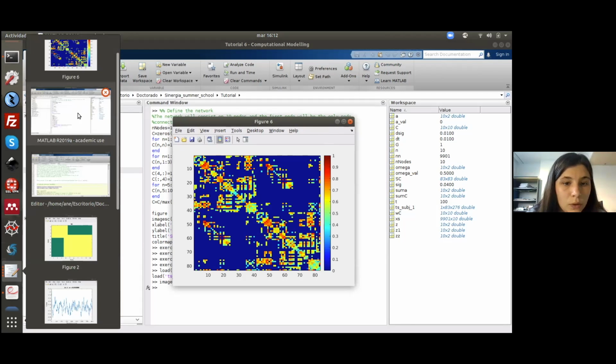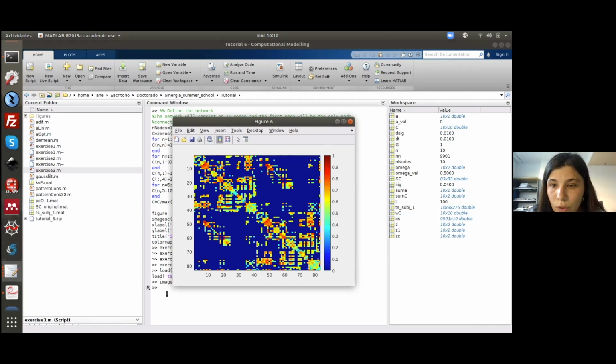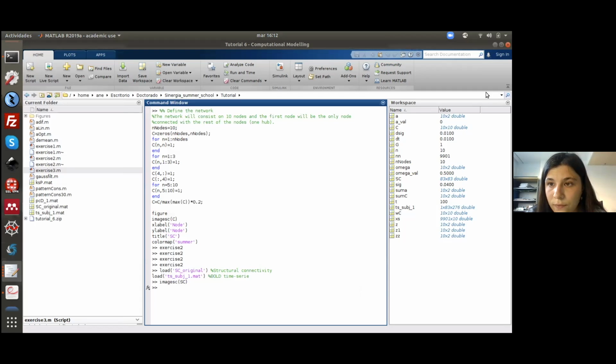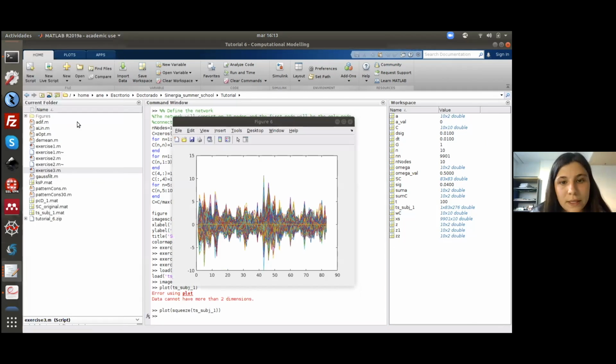And on the other hand, we also have the time series. These are the time series.